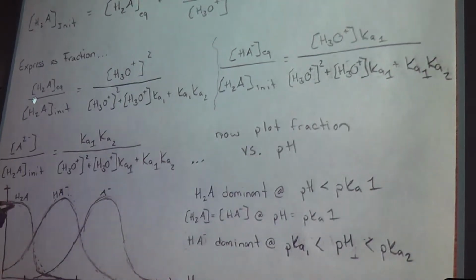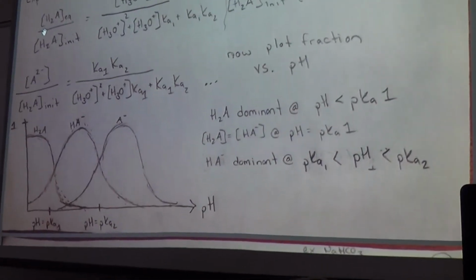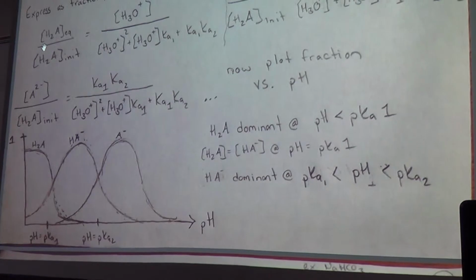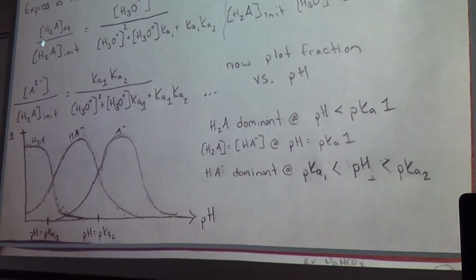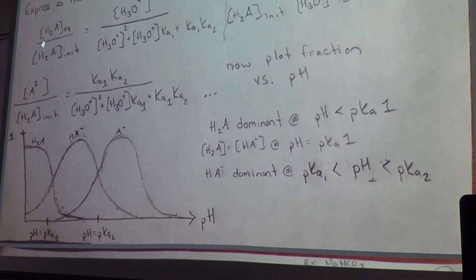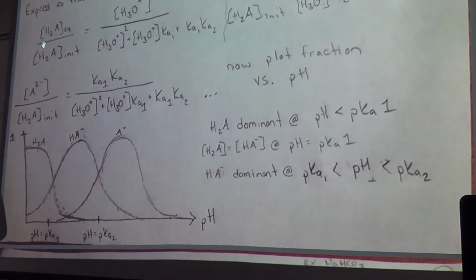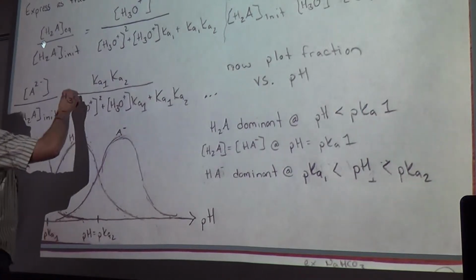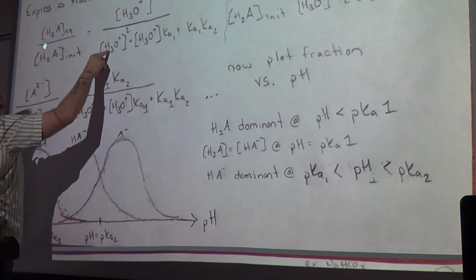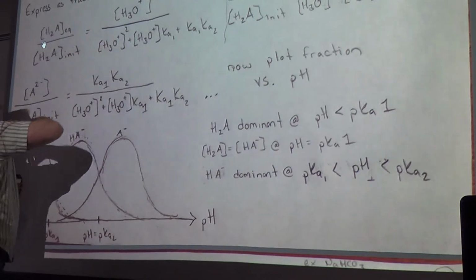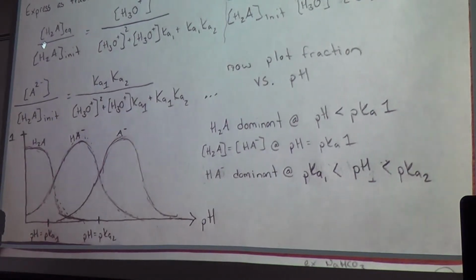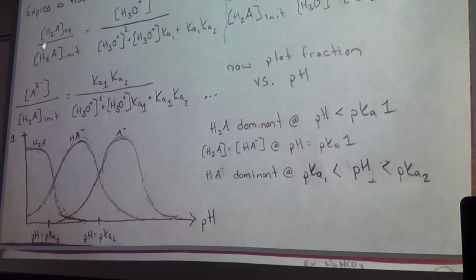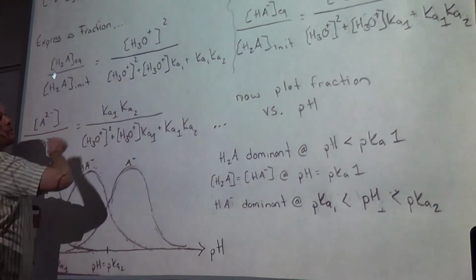On this graph, does the fraction of H2A ever equal 1? It's always something slightly less than 1, right? And you look at your expression for this term, conc H2A, and you end up with conc H3O plus, a term conc H3O plus over conc H3O plus squared, which if these terms didn't exist, would go to 1 at some point, as H3O plus went to 0.